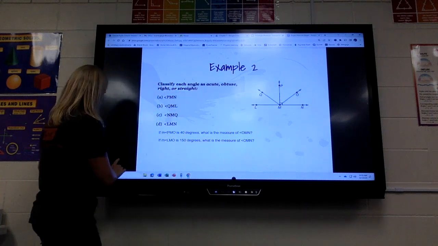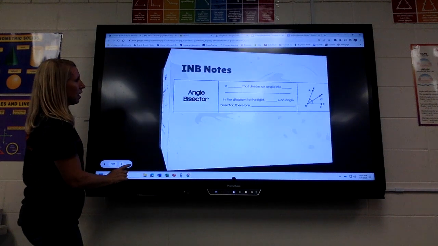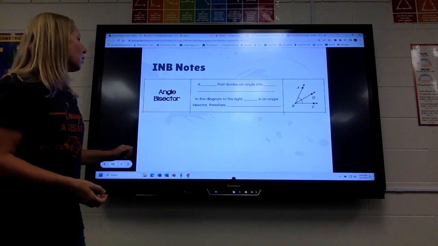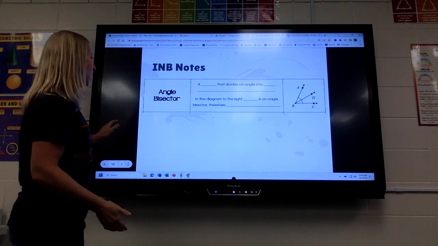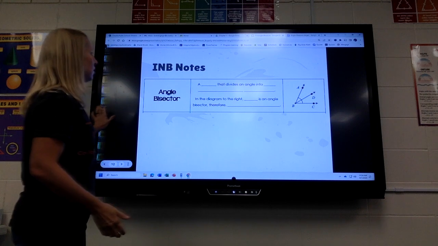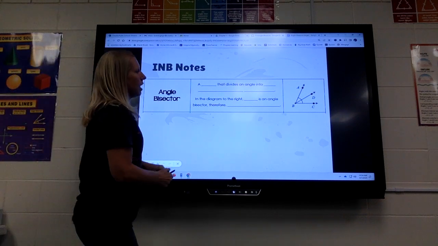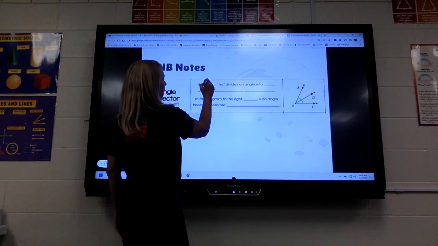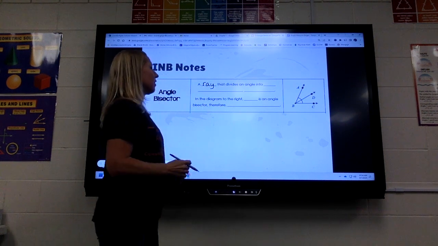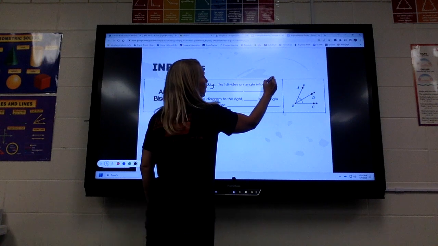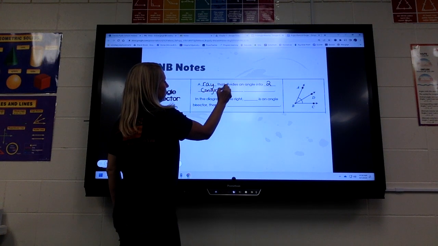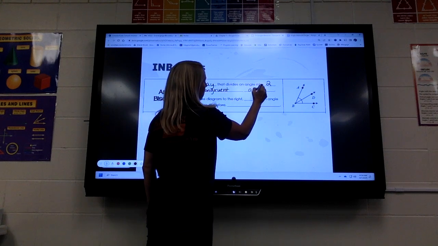All right. And then the last concept we have to talk about is bisect. So a bisector cuts something in half. A ray or line or a segment, I'm just going to say a ray, that divides an angle into two congruent angles.